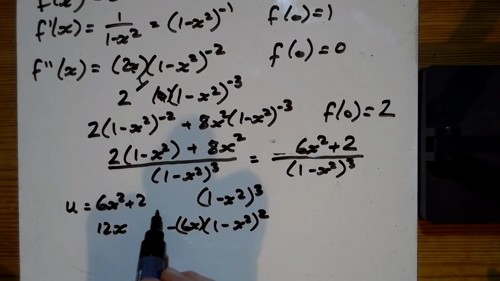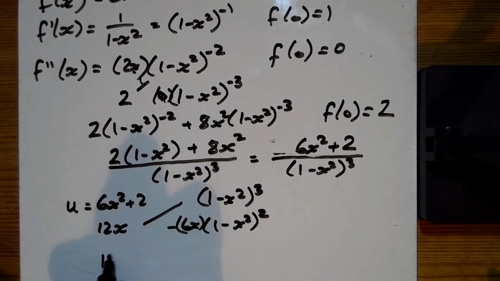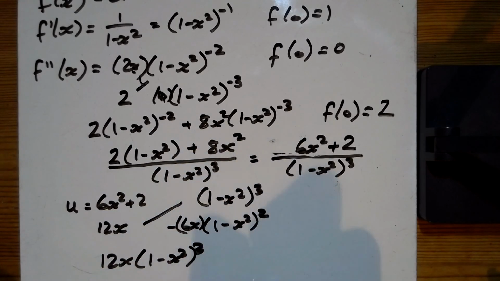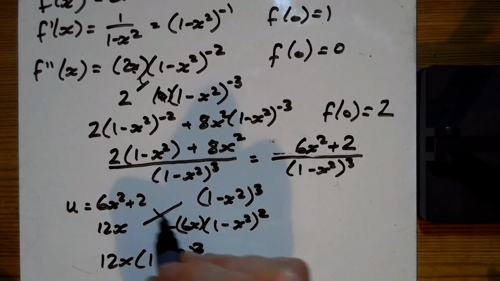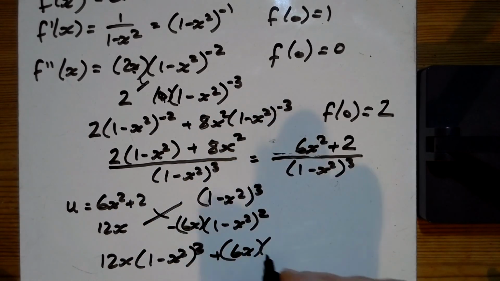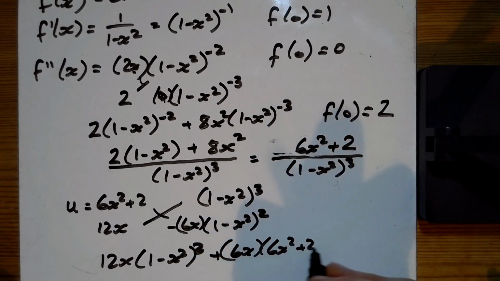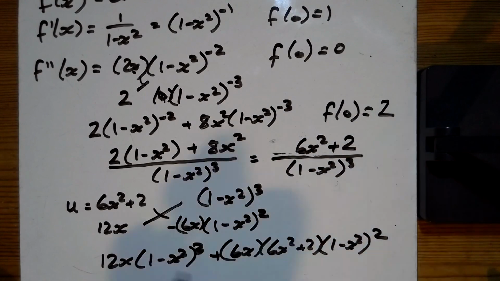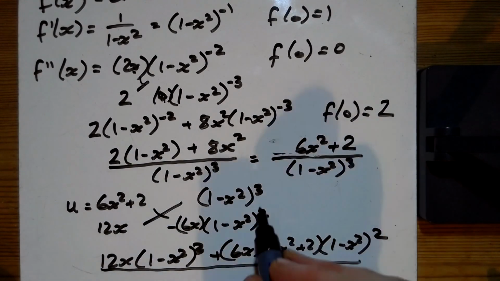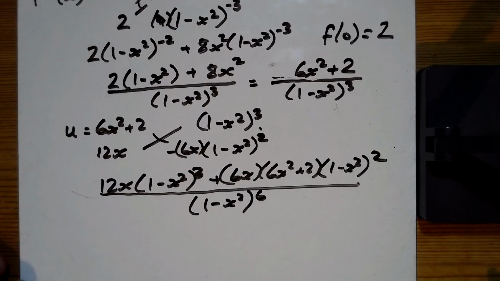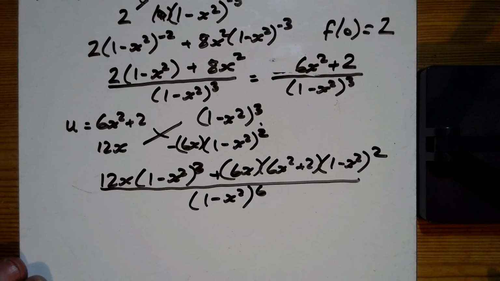So it's those two things times together, 12x lots of 1 minus x squared all cubed minus, but it's plus, 6x times by 6x squared plus 2, 1 minus x squared all squared, and it's all over v squared, which is to the power of 6. Oh, it's messier than it was before.